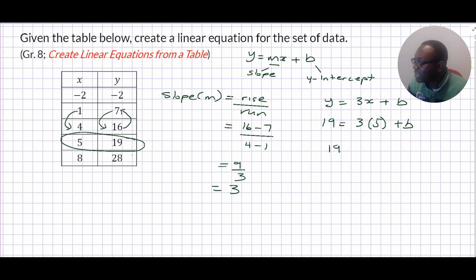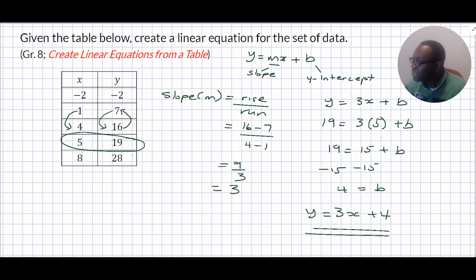So 19 is equal to 15 plus b. Let's go ahead and subtract 15 from both sides, and then we have 4 equal to b. So now our equation is going to be y equal to 3x plus 4.